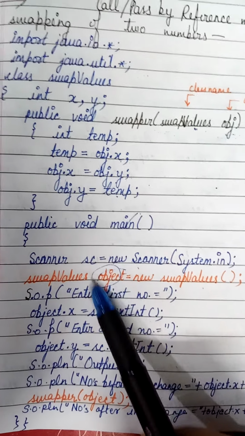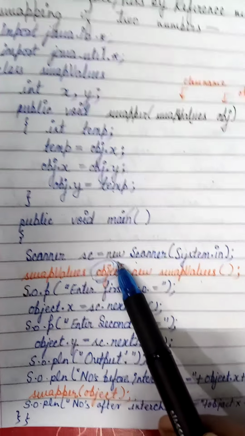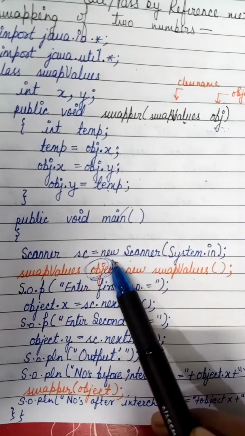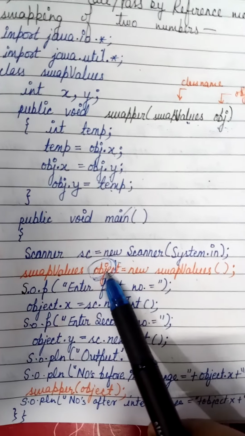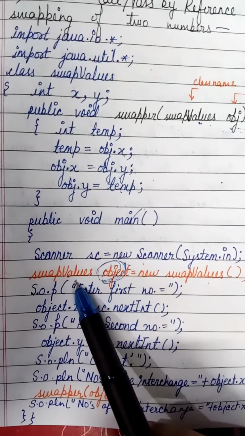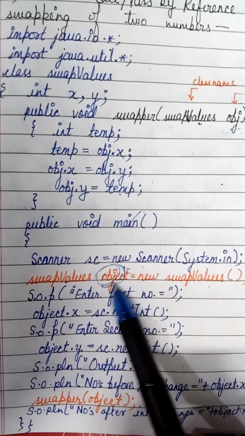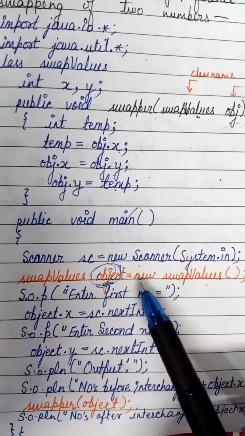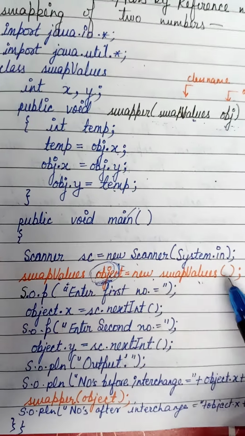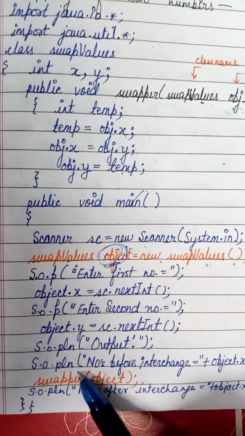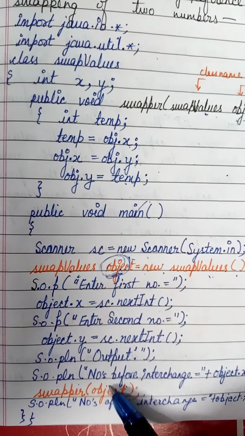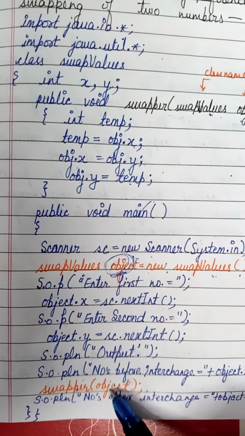This will be the reference. We will pass this object as the reference of SwapValues. SwapValues is the name of the class, and you can take any object name, equals the new keyword SwapValues again. You will be passing the object when you call the swapper function.